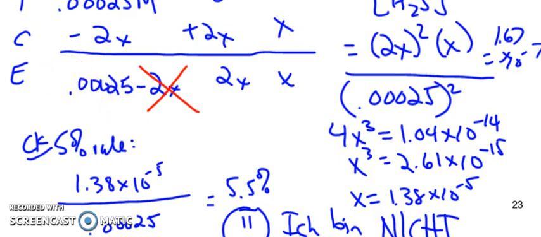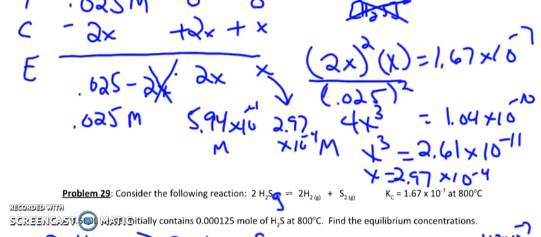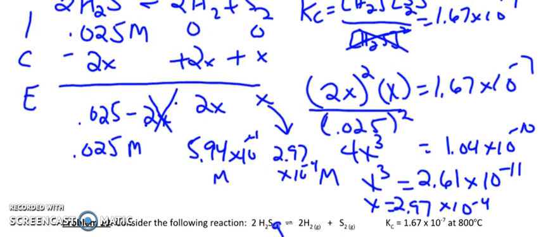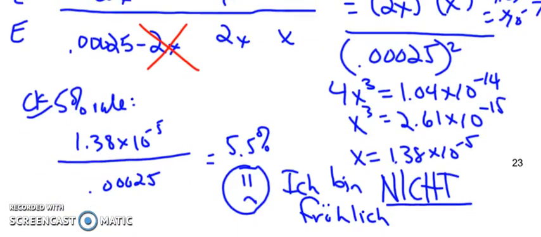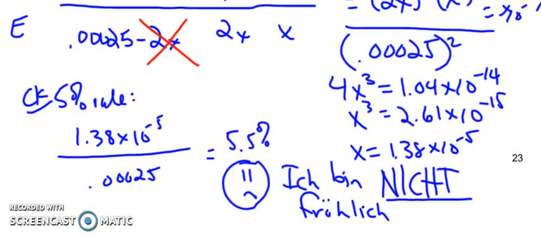If you have a larger molarity like we did up here, you have a greater chance that the 5% rule does work. So to save you time, if you're thinking ahead and you use the K value, say yes, then look at your initial value, and if it is pretty small, then think, ooh, I may have to go back and use a quadratic. Okay, so let's see what the next page is going to do for us.